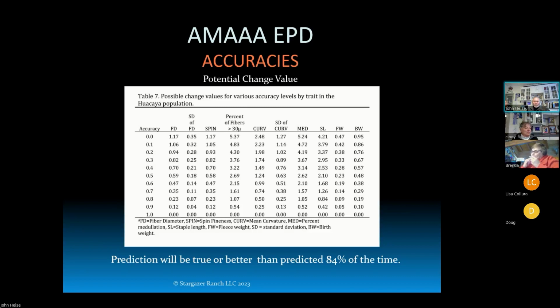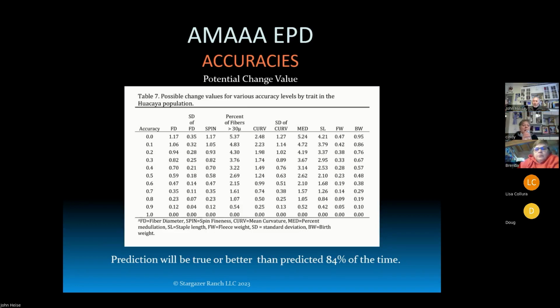If we take a look at what an accuracy of 0.1 or 0.2 is, it's about a fiber diameter plus or minus 1 micron, and I don't think many people are worried about that at this stage of the game. Obviously, if you're breeding into the top percentile rankings, that could be important. But for 80%, 90% of the breeders out there, that's not an issue.